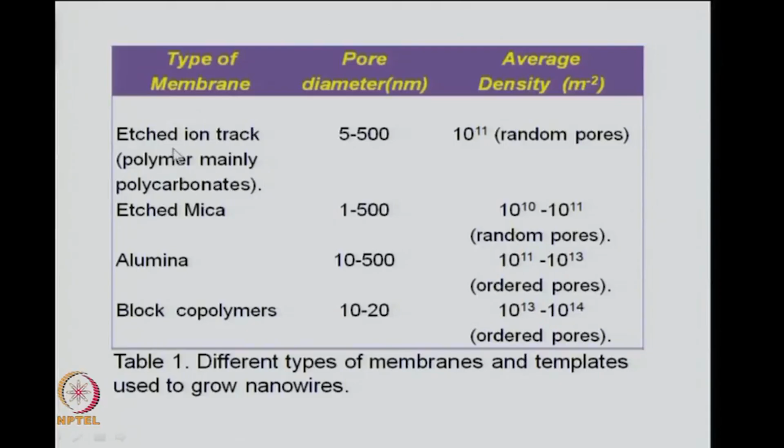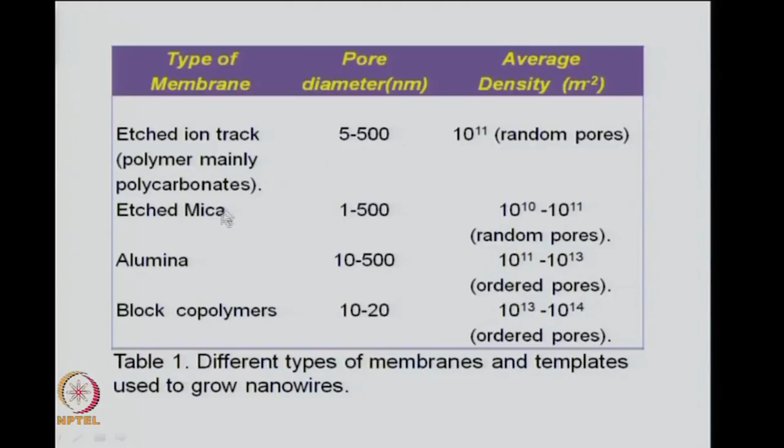These channels or ion tracks as we call, and the density of these pores are of the order of 10 to the power 11 per meter square, and these are randomly arranged pores.